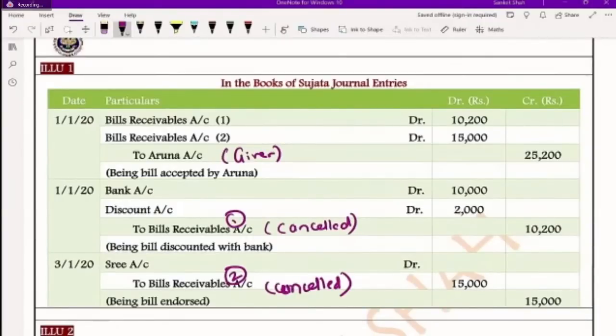So this is a sequence of first question. Got this concept, beta? Okay.